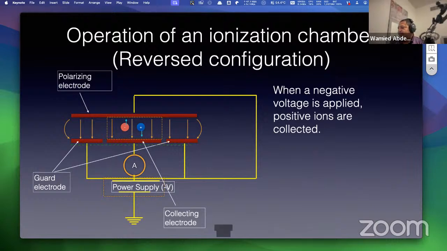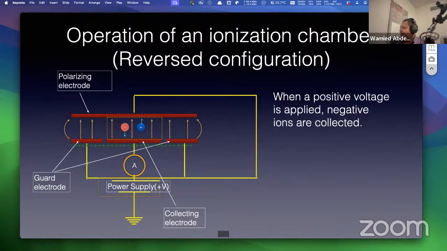If it is positive, then it's in the standard configuration. If it is negative, then it's in the reverse configuration. Okay? And so this is a reverse. So even though we have a positive voltage, the signal that we're going to collect is going to be the negative ions.